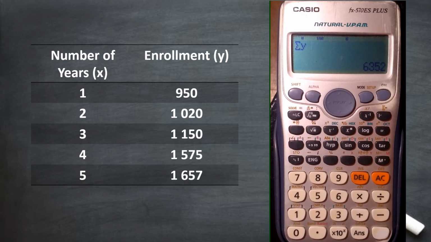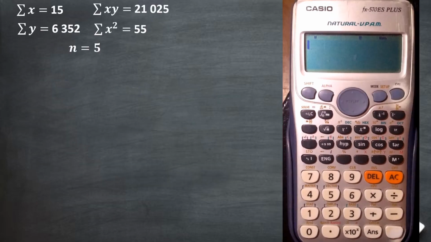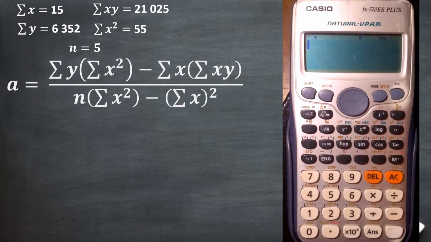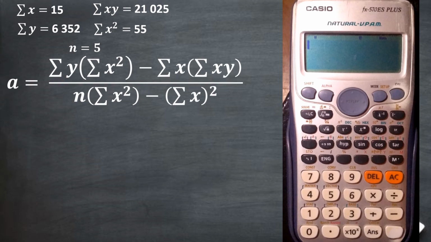So that's it. We have identified the values for the summations and n. We can now solve for the intercept and the slope. Here's the formula for A, or the intercept. All you have to do is substitute the values for each summation.